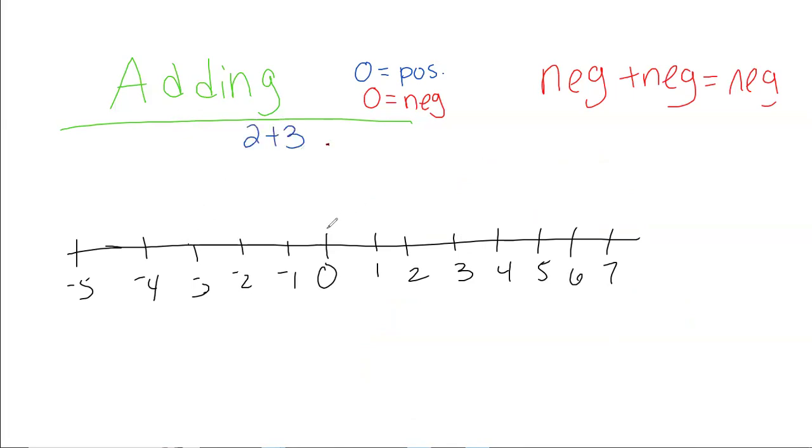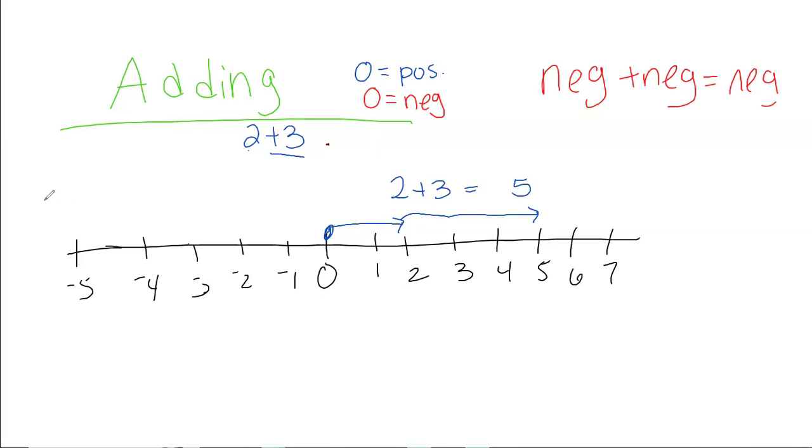So you're going to start at 0. Again, I know you know what 2 plus 3 is, but just pretend, just for example. You'd start at 0, and you go in the positive direction 2, because that's a positive 2. And then you would go in the positive direction 3. 1, 2, 3. So 2 plus 3 ends up at 5.